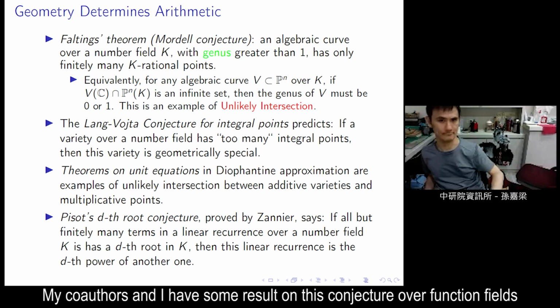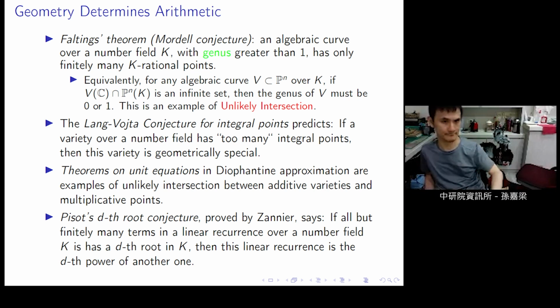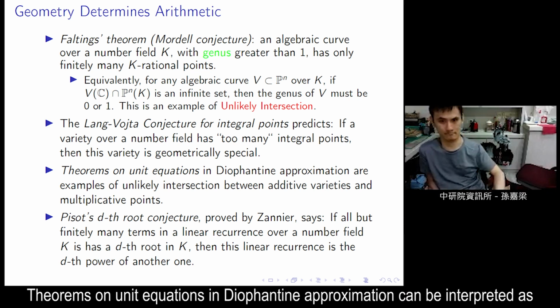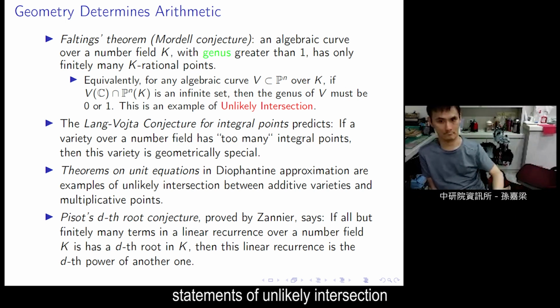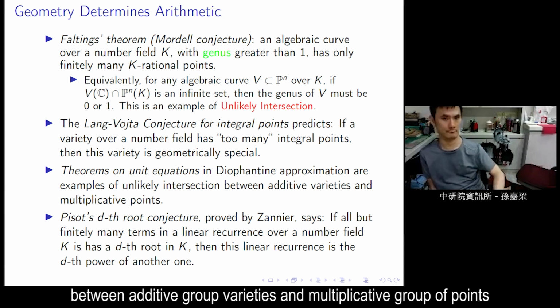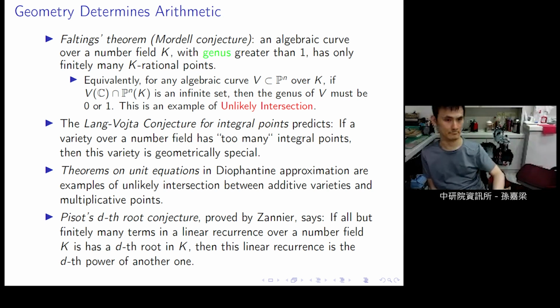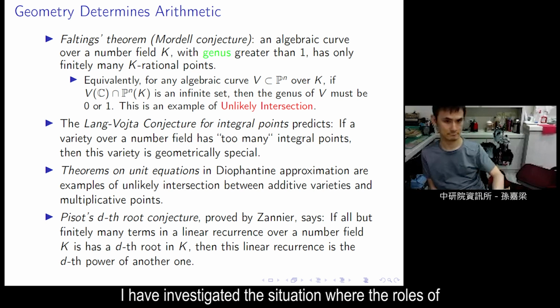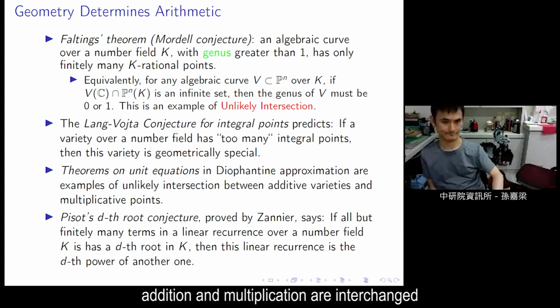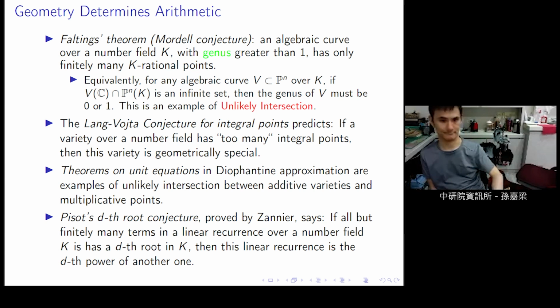My co-authors and I have some results on this conjecture over function fields. For other examples, theorems on unit equations in Diophantine approximation can be interpreted as statements of unlikely intersection between additive group varieties and multiplicative group of points. I have investigated the situation where the roles of addition and multiplication are interchanged.